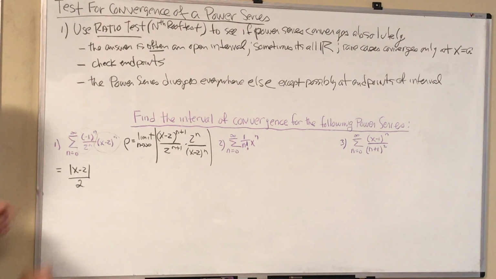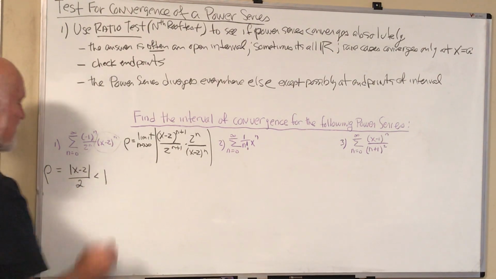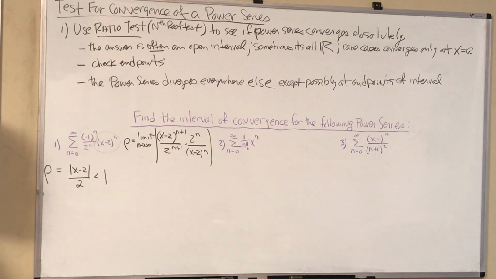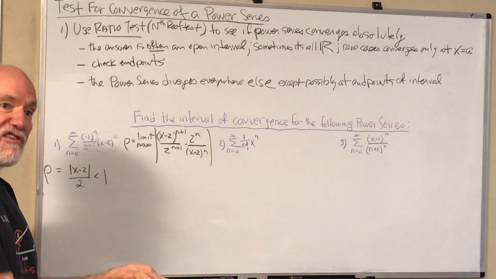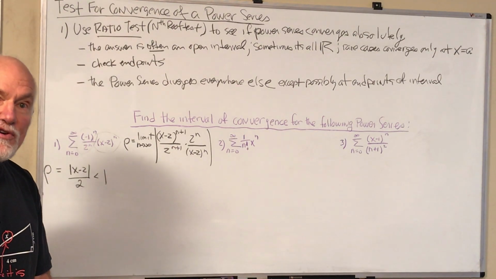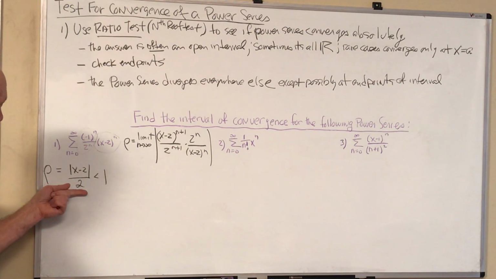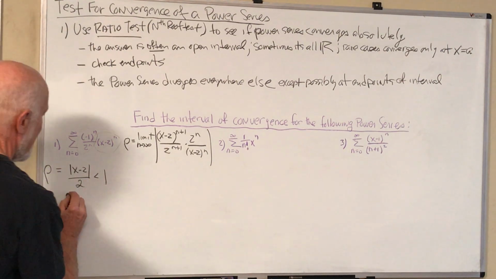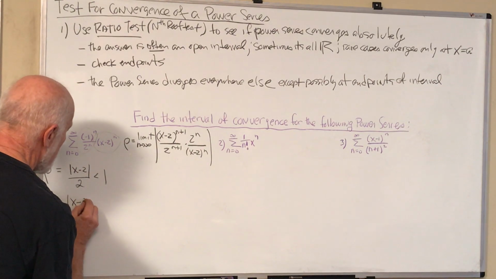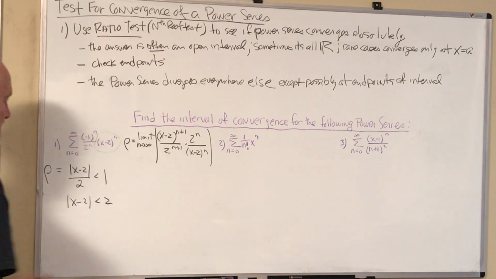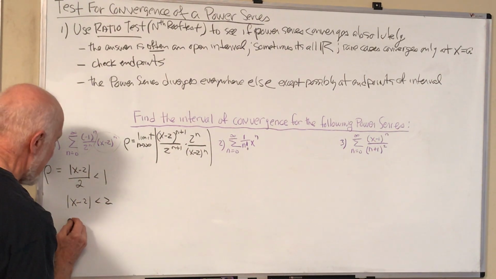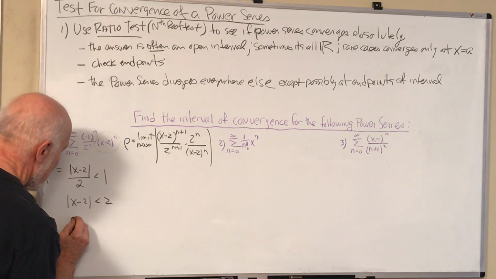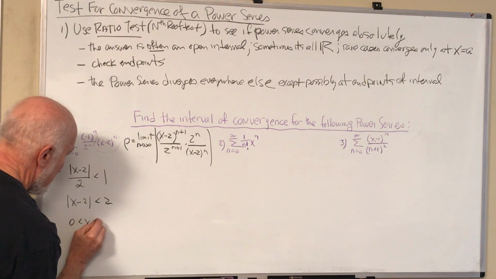And the ratio test converges whenever rho is less than 1. So this time, instead of getting yes, it converges or no, it doesn't converge, we're going to get where it converges, for what values of x. So I get |x minus 2| is less than 2, which we already solved to be 0 to 4.